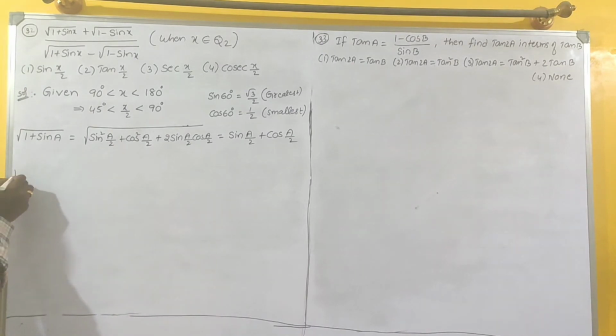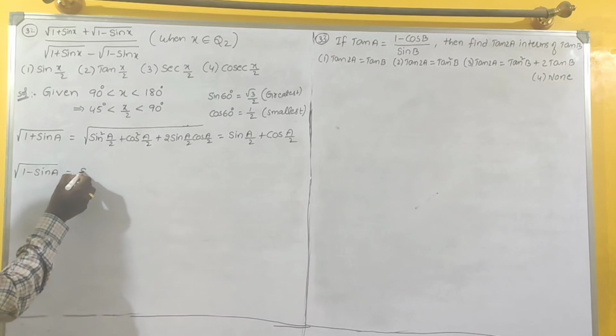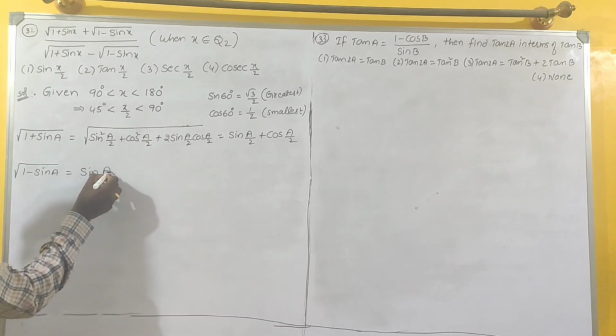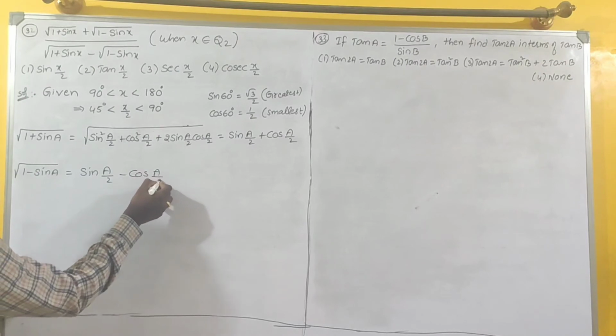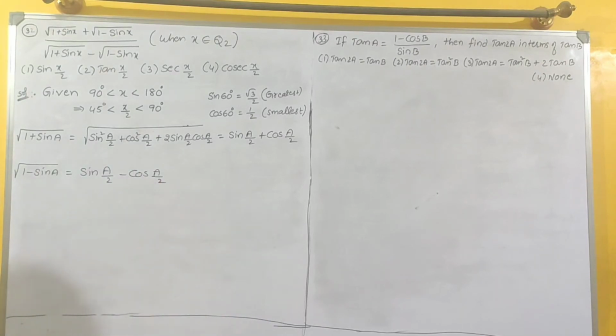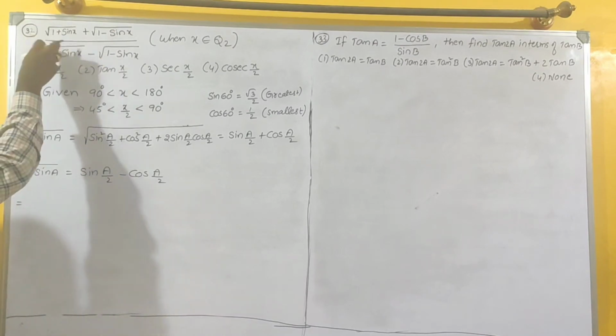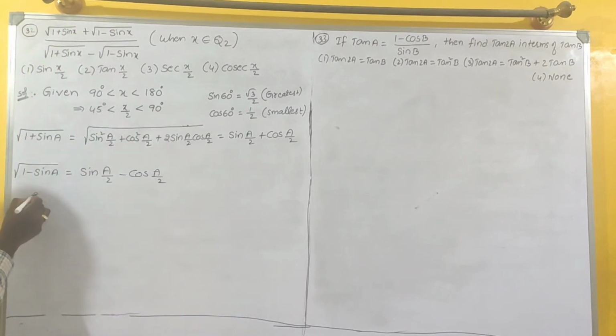Similarly, under root of 1 minus sin a, it can be written as sin a by 2 minus cos a by 2. Substitute these two values in the given question. That equals to, in place of this, what can I write?